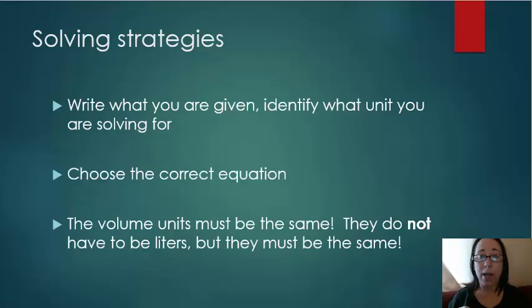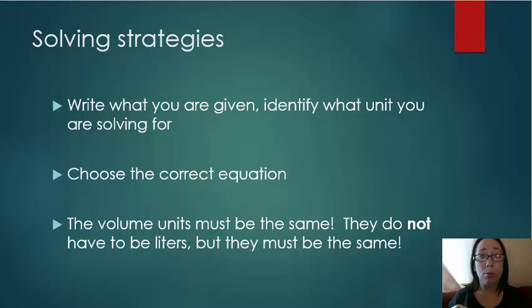The solving strategy that I use is to clearly identify what values you're given. You have to be given three, and one to solve for. And you can use your units to really help you. Molarity or molar is always going to be the concentration, or the M1 or M2.